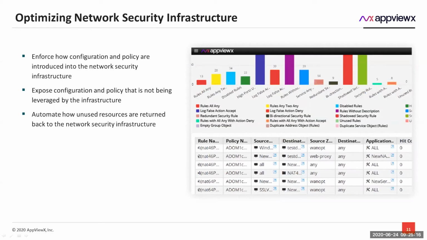So you can enforce how the configuration and the policies are introduced into the network security infrastructure. You're defining the methodology and approach to accurately and without human error policy deployment. You can expose the configuration and policy that is being leveraged in the infrastructure, and you can automate how unused resources are returned back to the network security infrastructure.